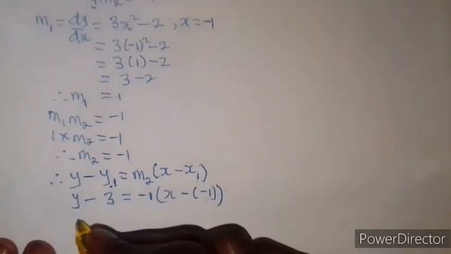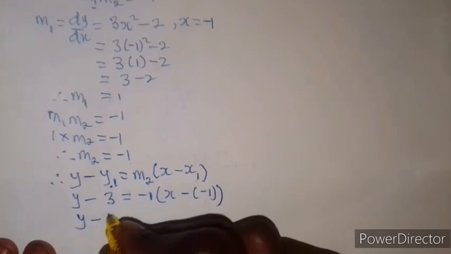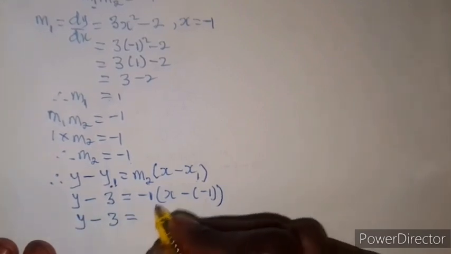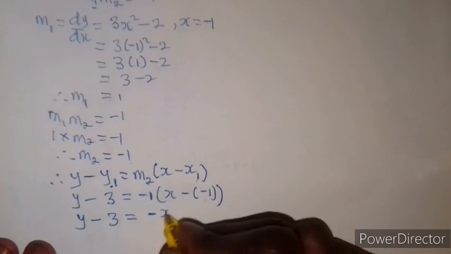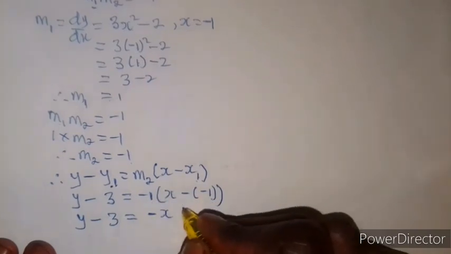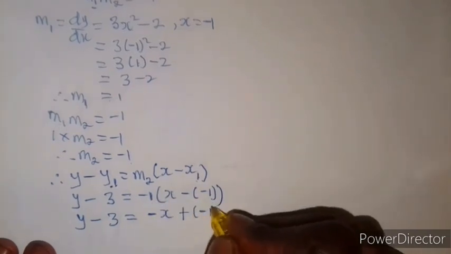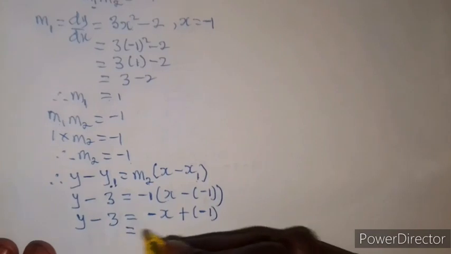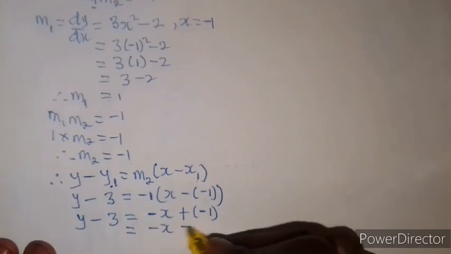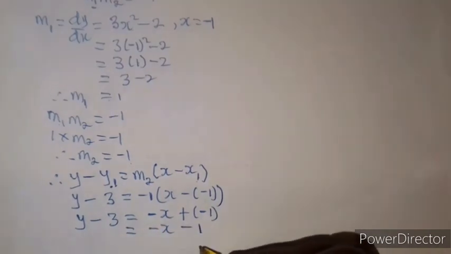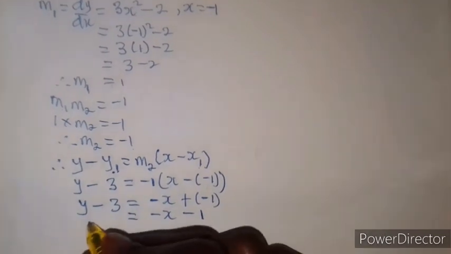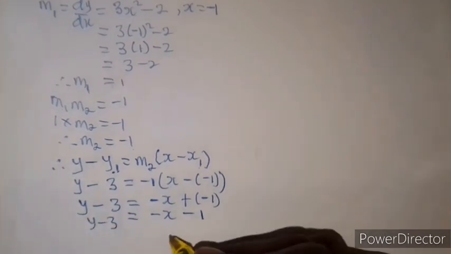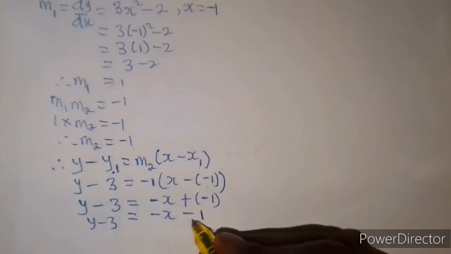So from this place, we are going to have y minus 3 equals minus 1 times x, which is minus x, and minus 1 times minus 1 is plus 1, so we get minus x plus 1... and if we solve this, that is what is going to give to us. So we know that y minus 3 equals minus x minus 1.